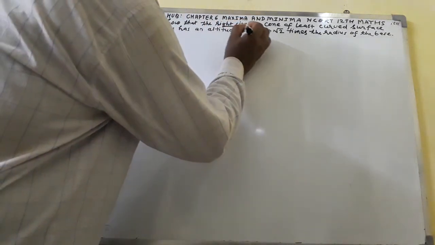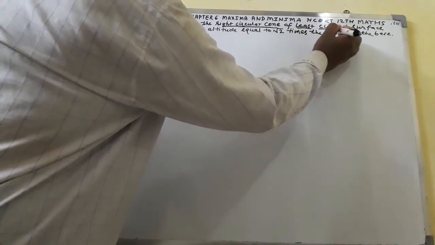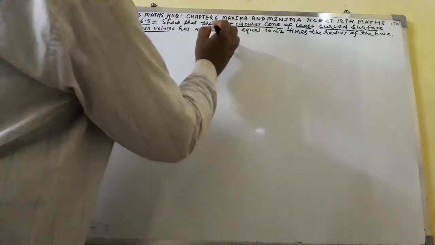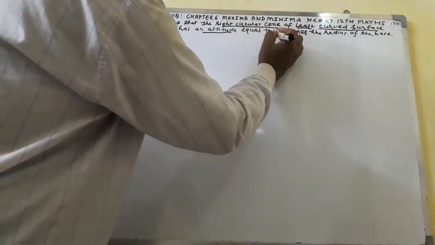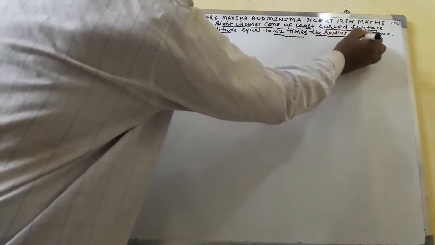Here it says right circular cone, least curved surface area, given volume, and altitude equal to under root 2 times the radius of the base.